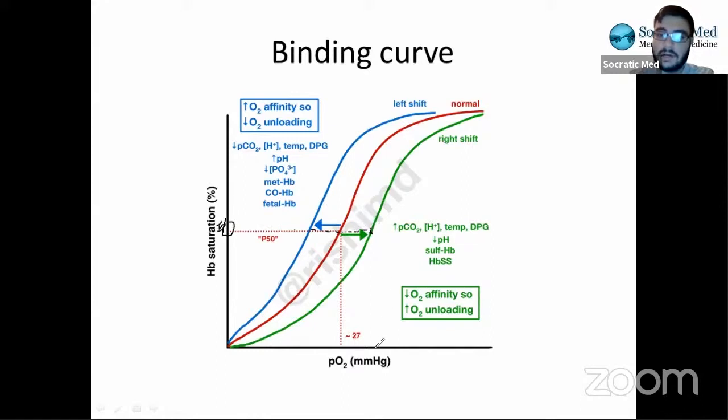So if you went here and now you went down, you see the P50, which in units, as I said, is the amount of this, right? Now it's higher, say it's 54, just as an example. So now, in order to saturate the same amount of hemoglobin, you need twice as much oxygen available. That means the affinity is halved, essentially. Left shift is the opposite.